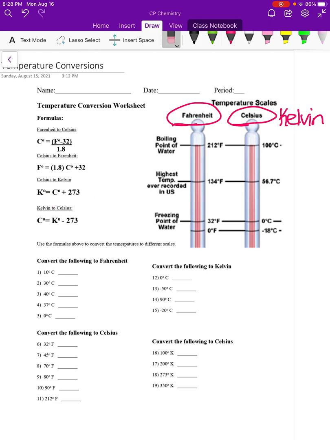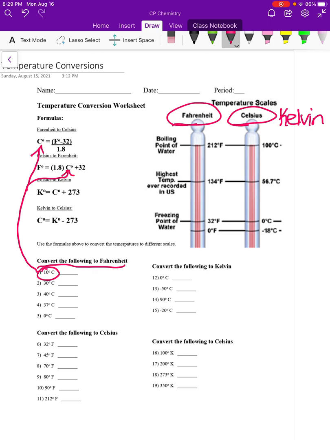Okay, so in order to convert, down here we have number 1 through 5. It says convert the following to Fahrenheit. All of them are given to you in degrees Celsius. The first one is 10 degrees Celsius. So you'll take that, the 10, and you'll plug it in to either Celsius there or Celsius here.